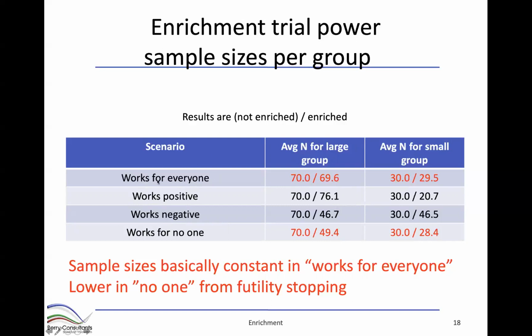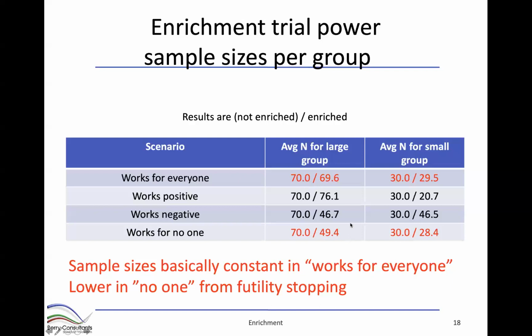If, in fact, the therapy works for everyone, then what's going to happen here is we actually don't drop many groups. So we don't drop the positives very often. We don't drop the negatives very often. These results actually look very similar to the non-enriched, and the reason is it just doesn't drop anybody.